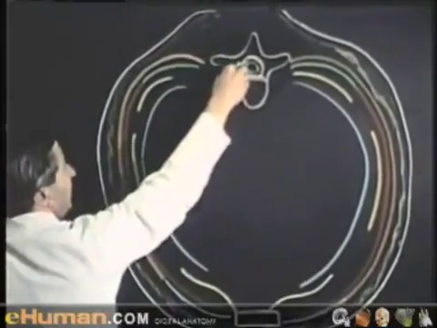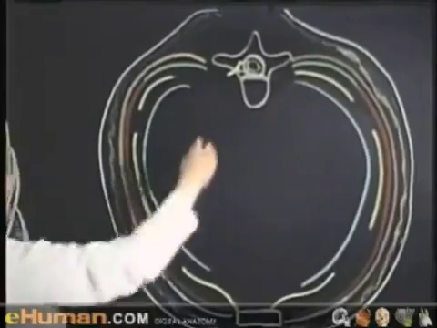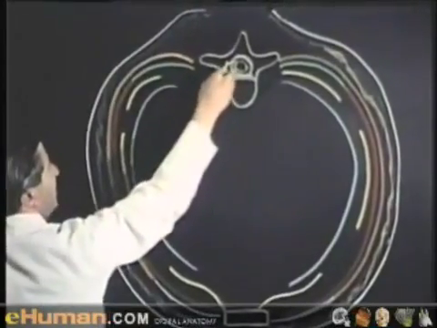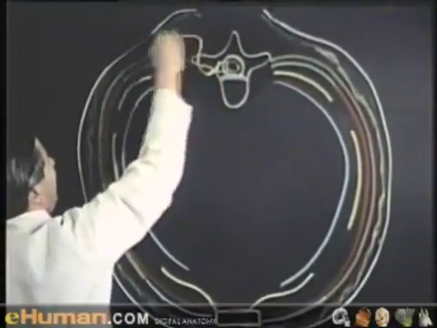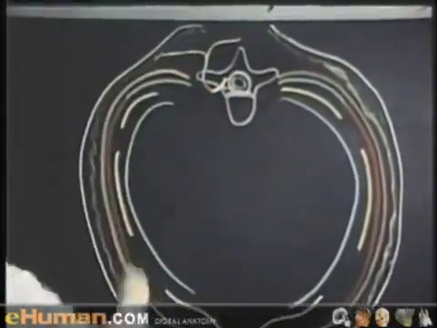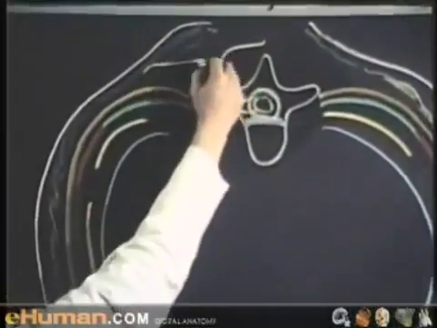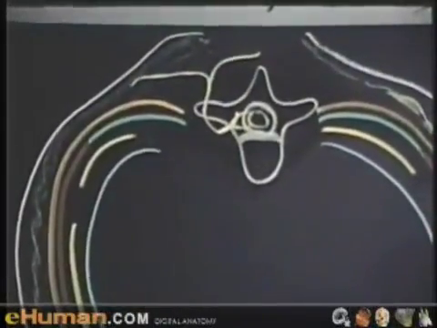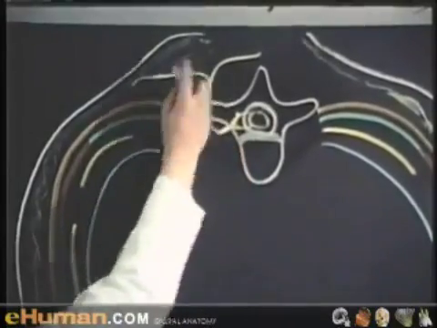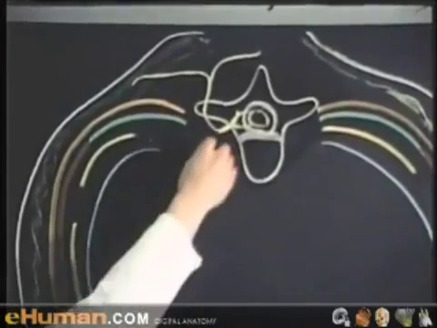Once the spinal nerve comes out, it divides into a posterior primary ramus, which passes backwards and divides into a medial and a lateral cutaneous nerve, which supplies the skin over the back, and also, of course, is supplying the postvertebral muscle. This is the posterior primary ramus of this particular spinal nerve.